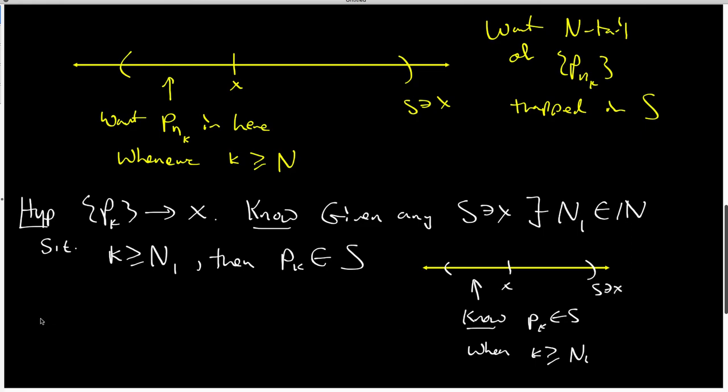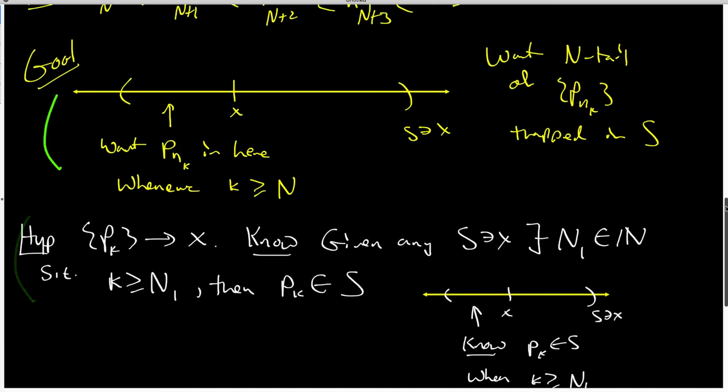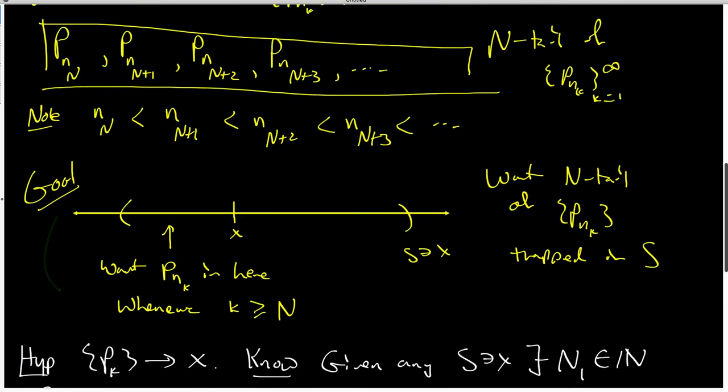Now, how am I going to go from the hypothesis to my goal? Because remember, my goal has now boiled down to this up here. So again, how are we going to go from this hypothesis to establishing that? Well, the trick is to go back and look at one more thing.